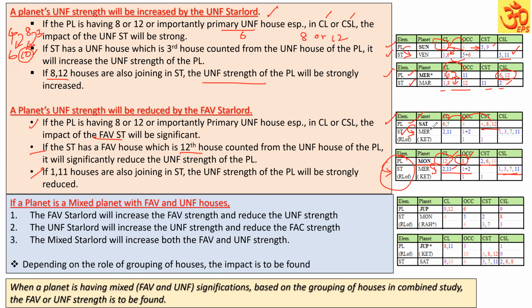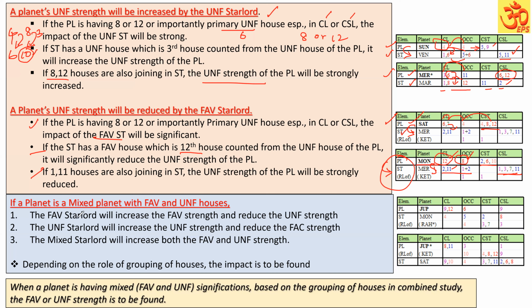And 6th house matters are getting reduced. That too, 7th house matters are going to get increased. So, the planet is unfavorable and the star lord is favorable with good grouping. That planet's unfavorable strength is reduced by the favorable star lord.